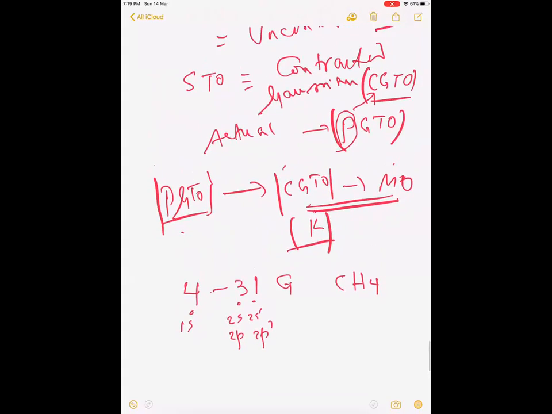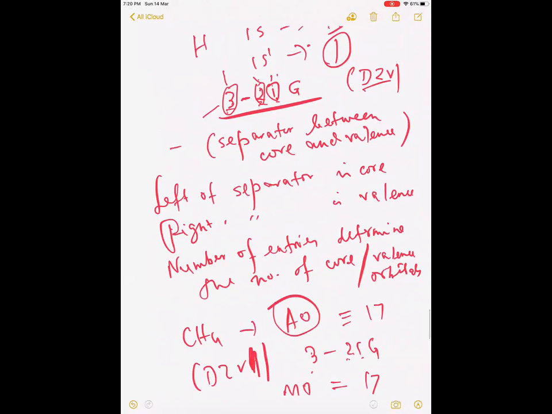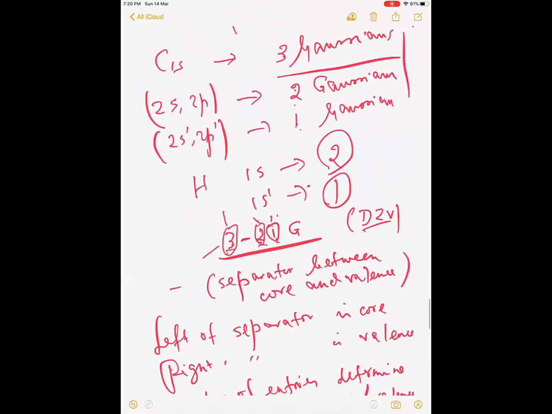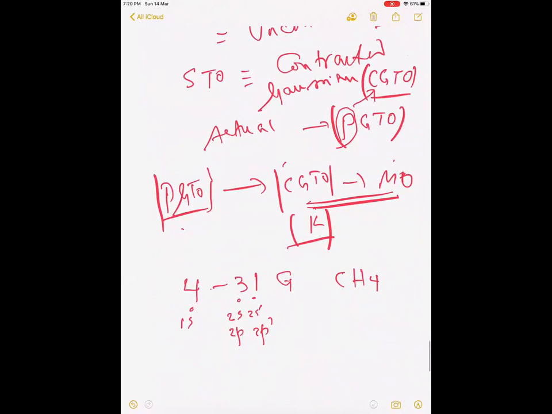The difference is that the core was expanded in terms of 3 Gaussians here, and the valence was expanded in terms of one set with 2 and 1. That has changed to 4 for the core. First set of valence with 3 Gaussians, second set of valence is 2s prime, 1 Gaussian, uncontracted. That is all that has changed, but the number of MOs is still 17.